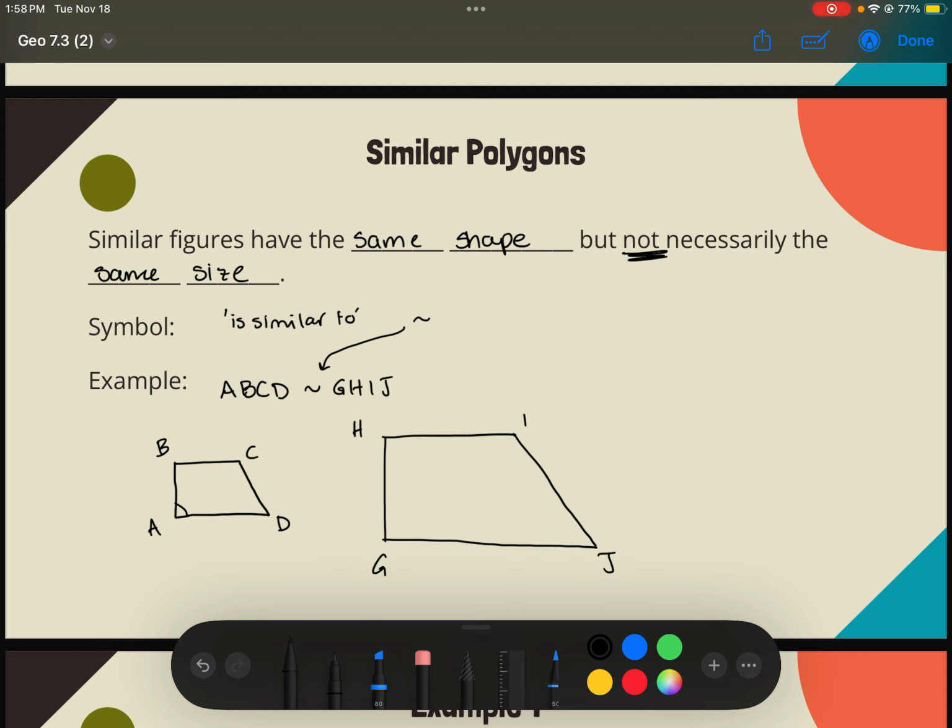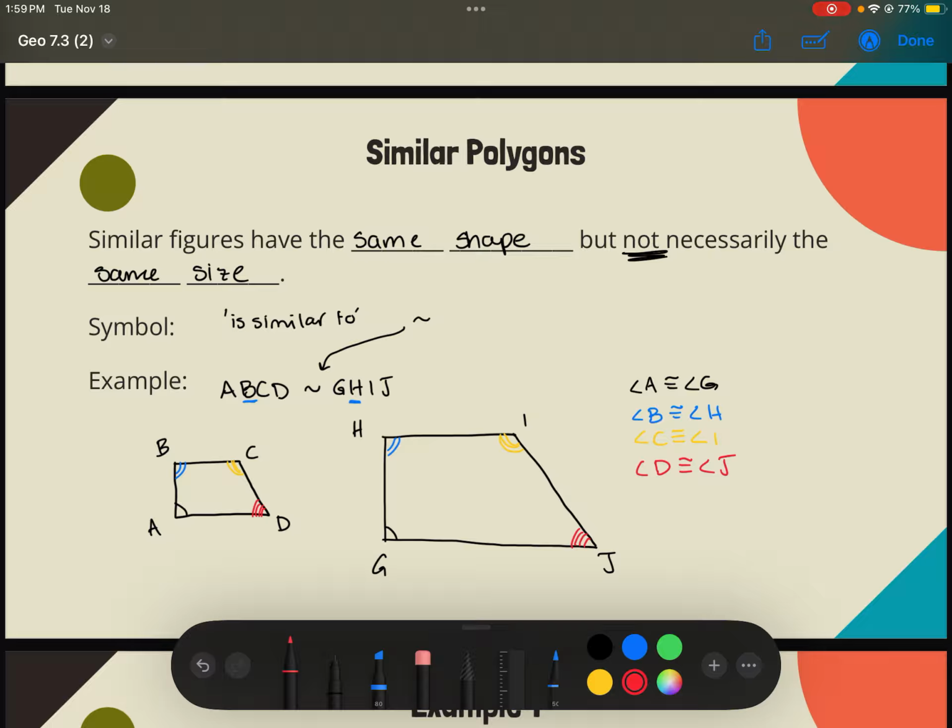For instance, angle A is going to be congruent to angle G. Angle B is going to be congruent to angle H. Another way you can check is, hey, B is the second letter, H is the second letter, so they are going to be corresponding angles. They must be congruent to each other. Angle C is congruent to angle I, and then lastly, angle D and angle J must be congruent to each other.